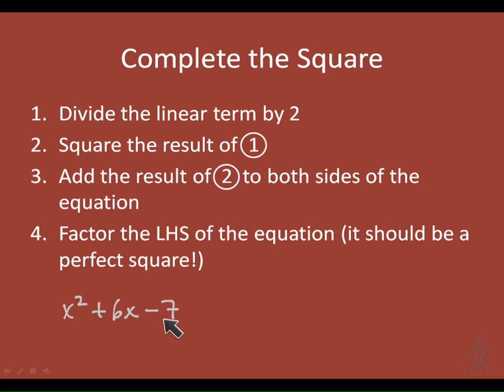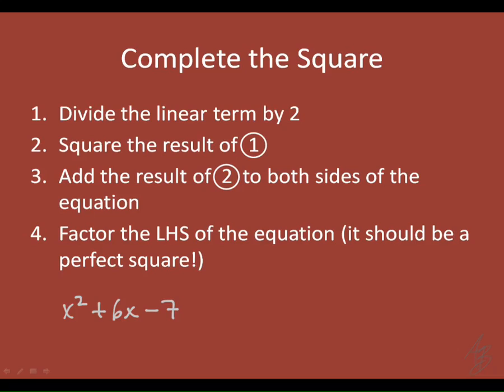This negative 7 here, the number that's by itself, is called the, anybody know? Constant term. This term right here is called the, no, it's not. It's called the, what does it start with? Linear term.